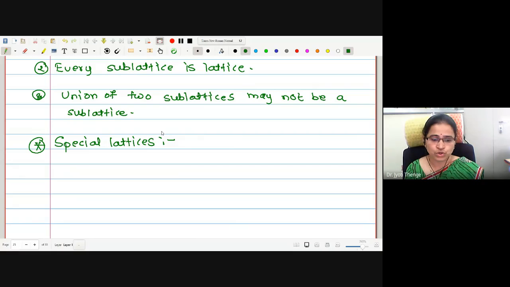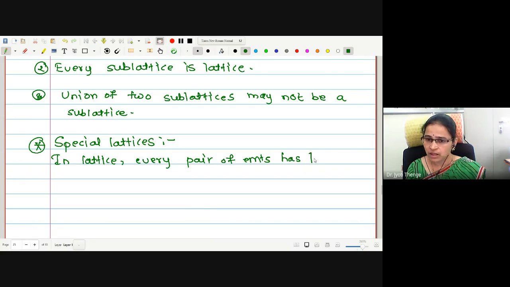That is the question. Whenever we write every pair of elements, it means a subset with 2 elements. As a consequence of this fact, we can show using the principle of mathematical induction that every finite subset has LUB and GLB.